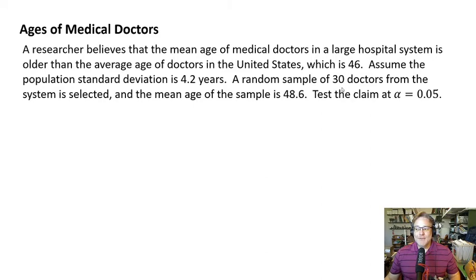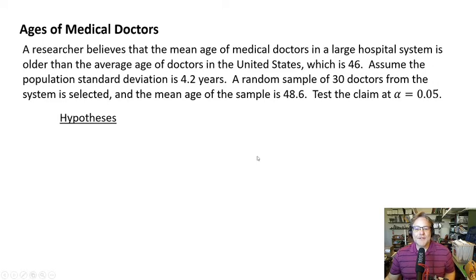That's n, which is 30 doctors, and we know the mean age of the sample to be 48.6. That's the x bar, isn't it? So we're going to test the claim with a level of significance alpha of 0.05. Remember, this is the probability of a type 1 error. So this is going to be the size of those tails on the normal distribution.